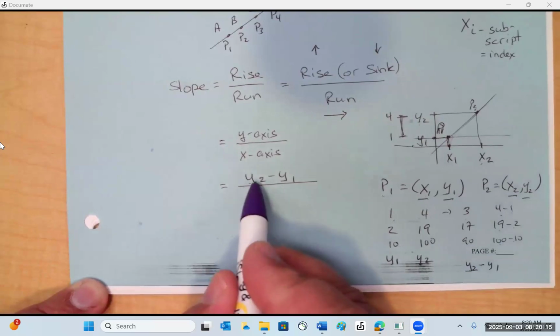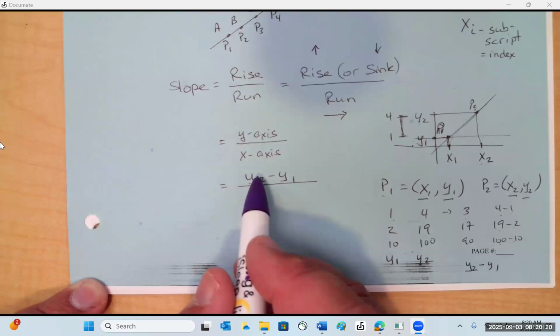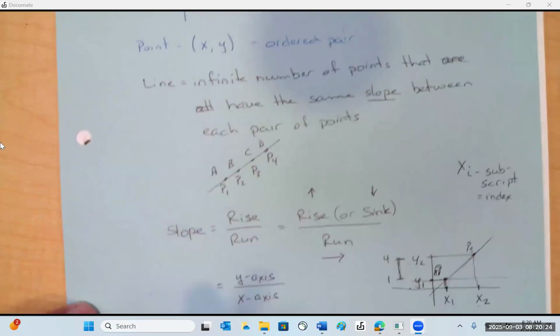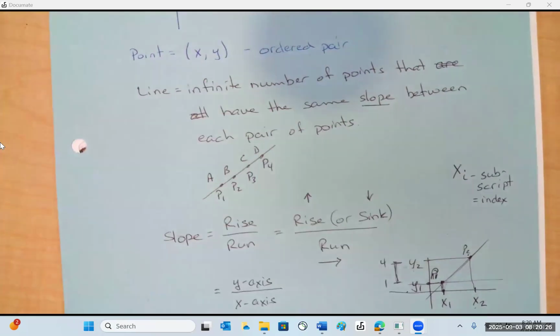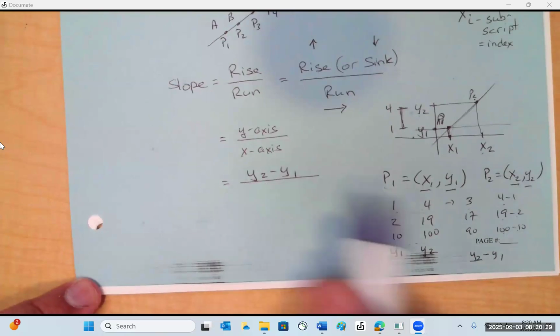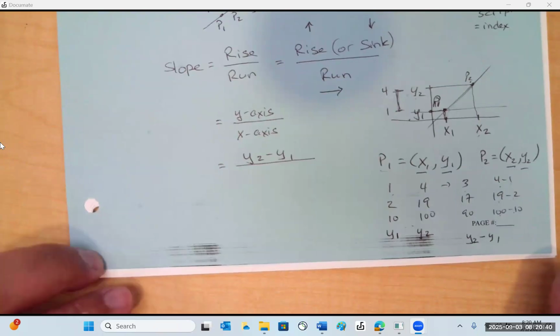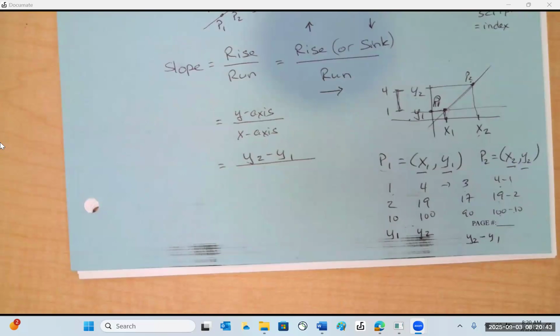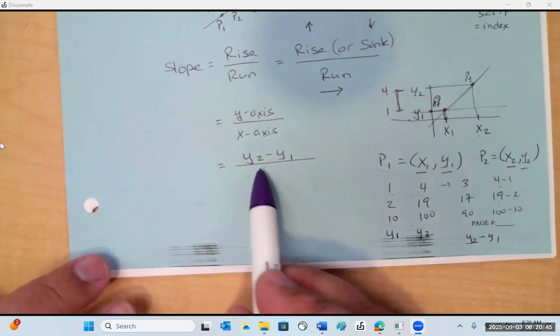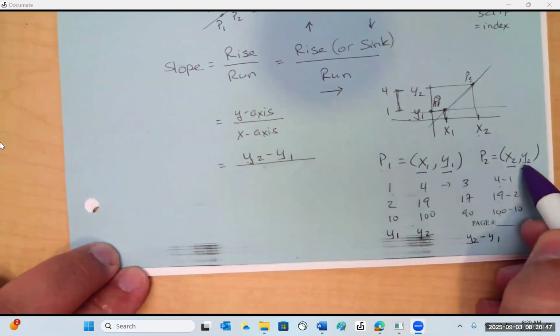So what does y2 represent? Not the second point, because a point is an ordered pair. y1, y2 is not a point. You can see what it says, but you can't put it into words. y2 is the y component of the second point.